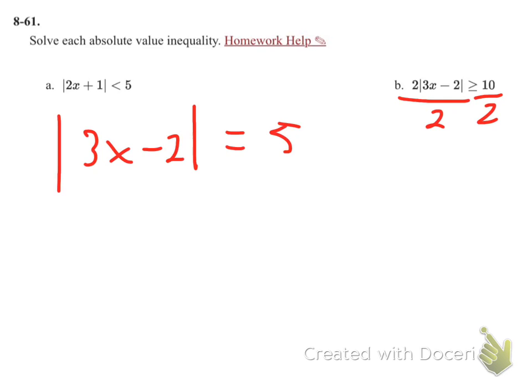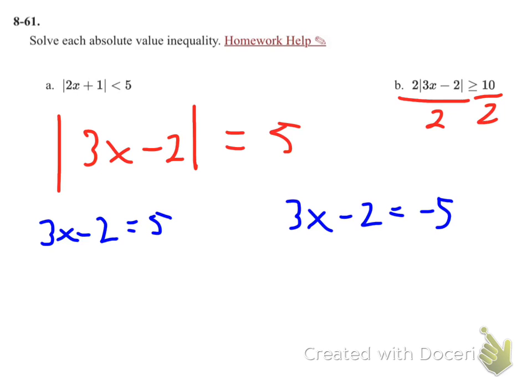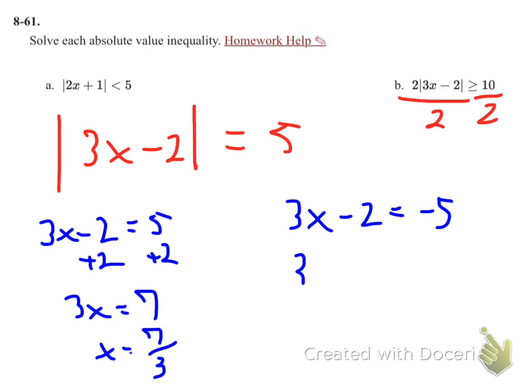So now I get my two equations. 3x minus 2 equals 5, and 3x minus 2 equals a negative 5. Adding the 2, 3x equals 7, x equals 7/3, and 3x equals negative 3, and x equals a negative 1.